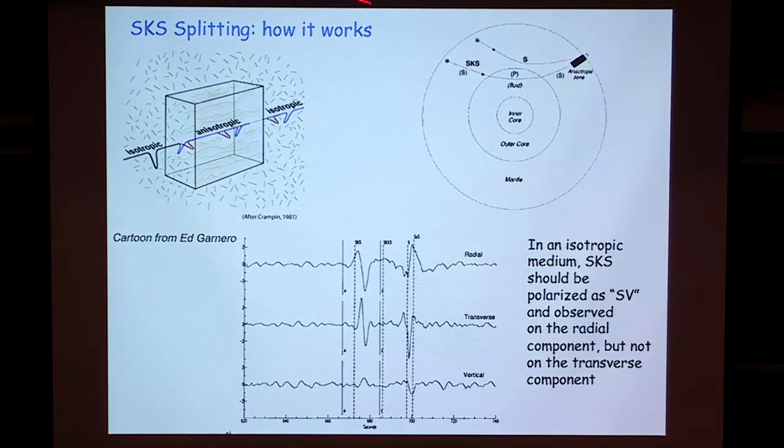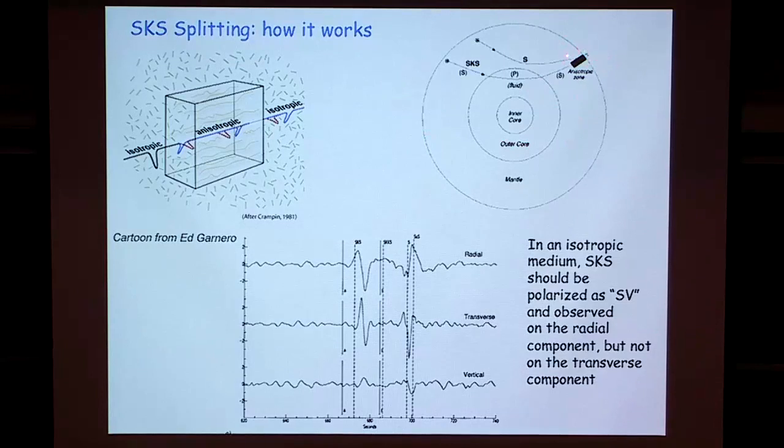Okay, so at least you know that whatever observation of anisotropy you observe here at the top must have been originating in this part of the path. That doesn't mean necessarily that it originates in the upper mantle.